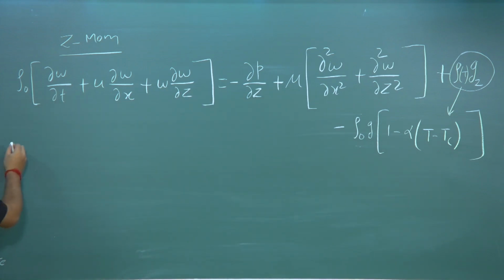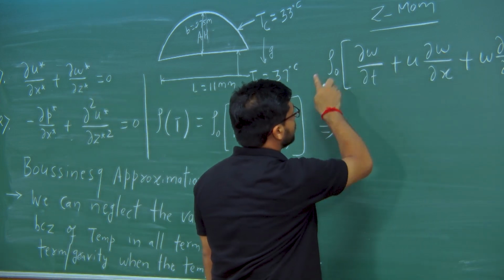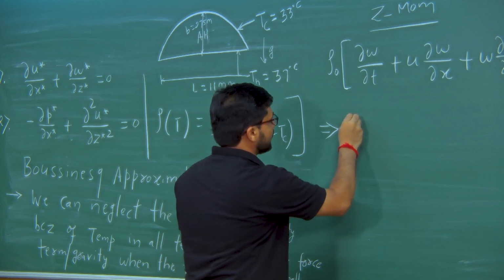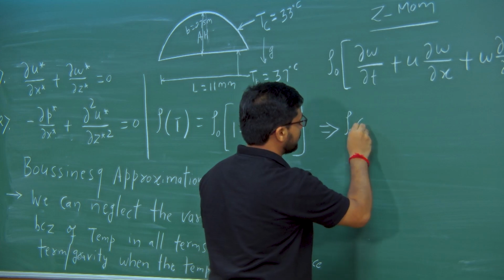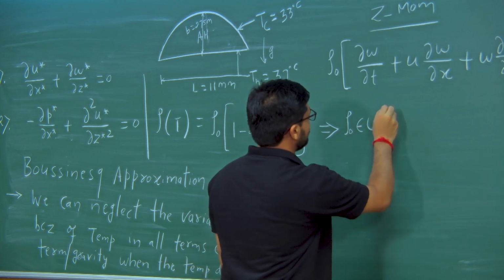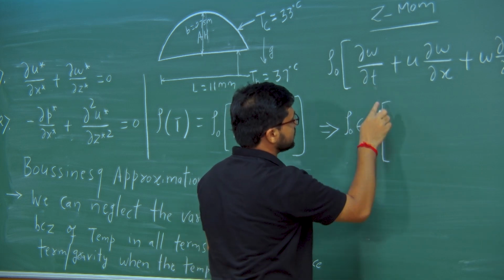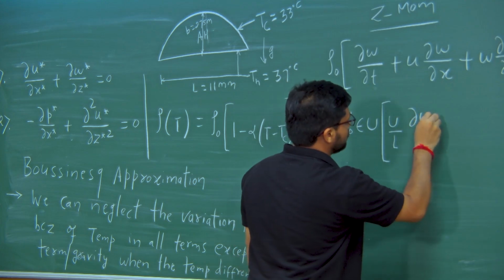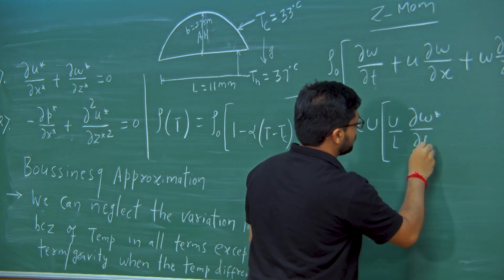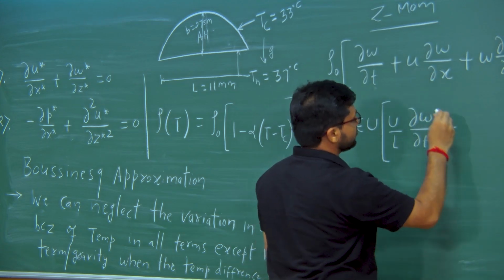So, now I will try to make it dimensionless, and for that, because W is present in all the terms on the LHS, I will take the characteristic scale for W as common. So, it will be rho naught times epsilon U, and the scaling factor for T is L upon U. So, U by L dou W star upon dou T star, plus the scaling factor for u will come.